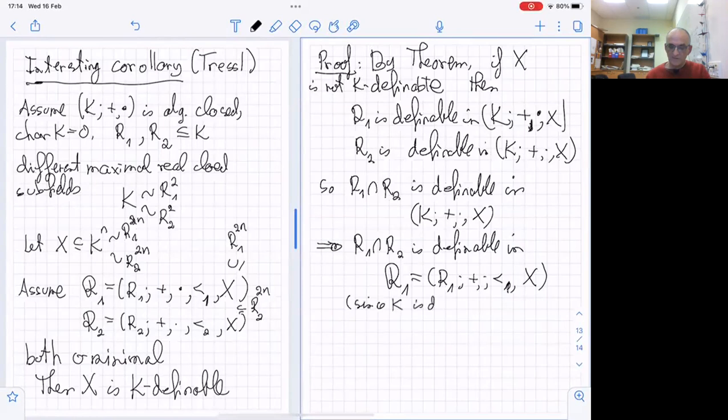K is definable in R1, but then we get a subfield of R1, which is definable in an O-minimal structure, and it's not hard to see, but so here is exercise number 3 for today.